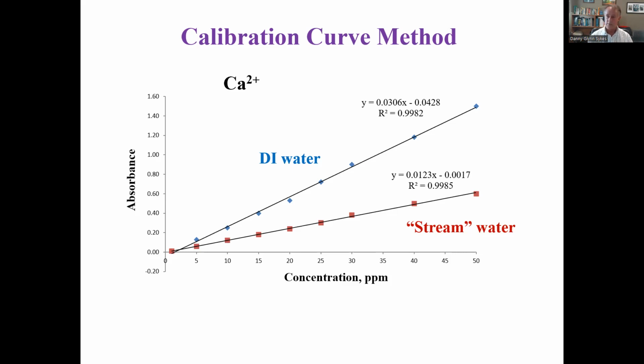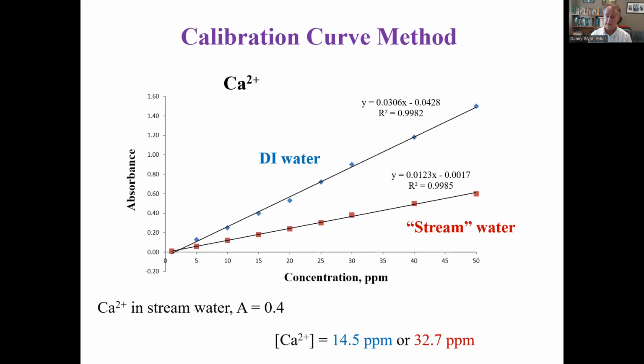Now let's say I grab a real stream water sample, and I want to know how much calcium is in it. Let's say I measure an absorbance of 0.4. Well, if I use the curve generated by DI water, I get 14.5 ppm. But if I use the curve generated using the stream water-based calibration standards, I get 32.7 ppm. So which one's correct?